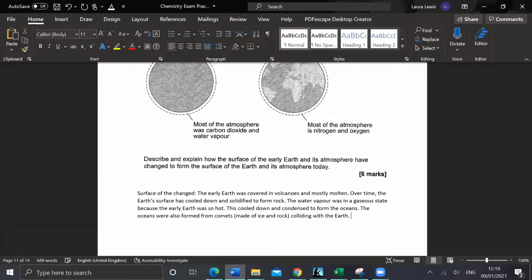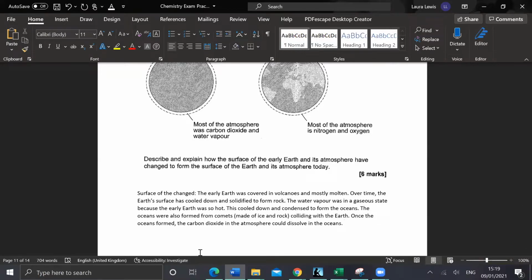Once the oceans formed, the carbon dioxide in the atmosphere could dissolve in the oceans, because carbon dioxide is soluble in water. If you've ever drunk a fizzy drink like Coca-Cola, lemonade or Fanta, that's carbon dioxide dissolved in the drink to make it fizzy.